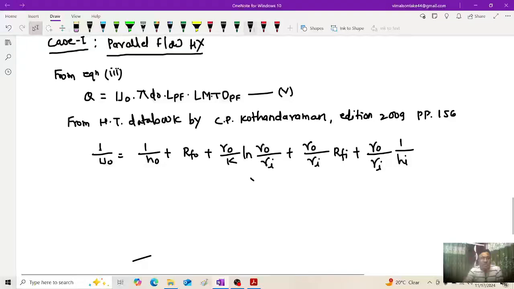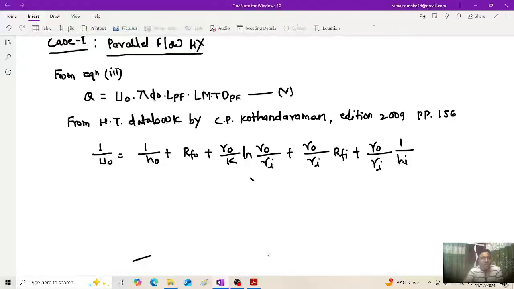This is the formula we have obtained from the heat transfer data book for overall heat transfer coefficient. 1 upon U naught is equal to 1 upon H naught plus RF naught plus RO by K log RO by RI plus RO by RI, RFI plus RO by RI into 1 upon HI.